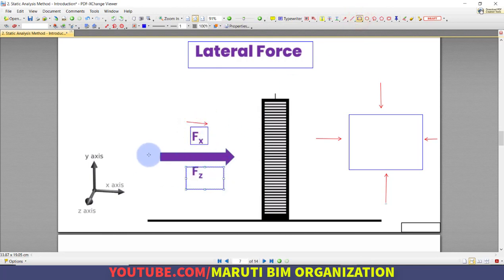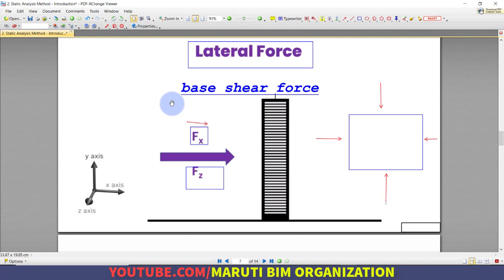So these total forces will be called a lateral force or base shear force. So we can also call it a base shear force. So base shear force is what we are going to calculate.